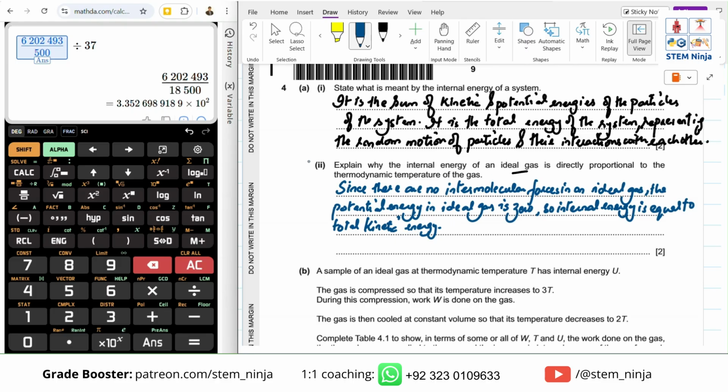Now we need to explain that the total kinetic energy is proportional to the thermodynamic temperature. So kinetic energy of particles is proportional to thermodynamic temperature.